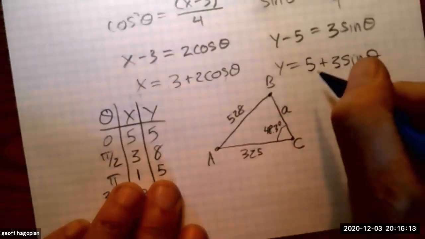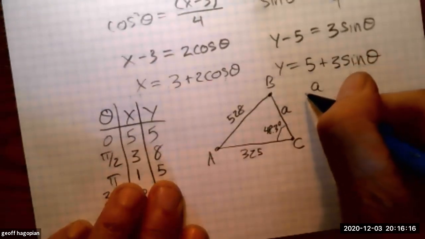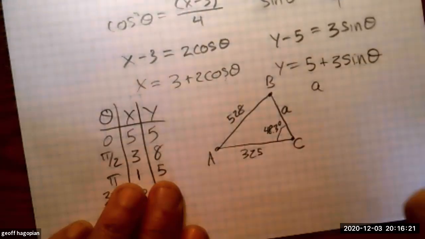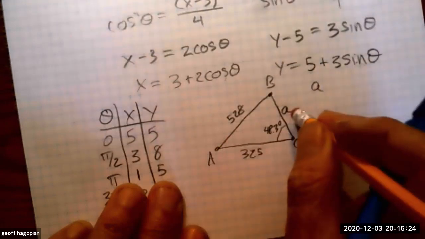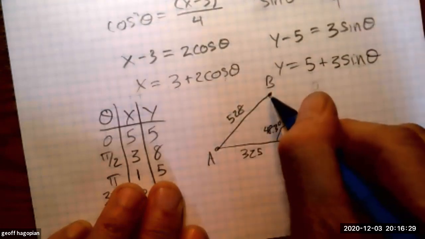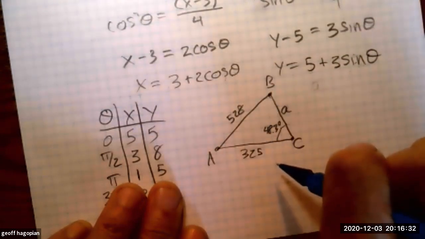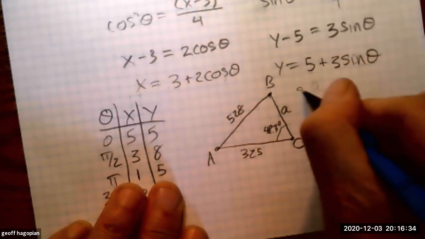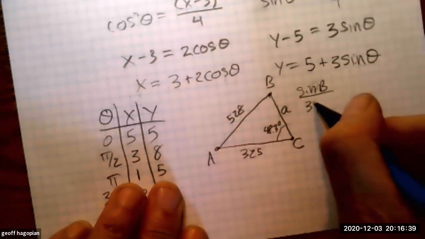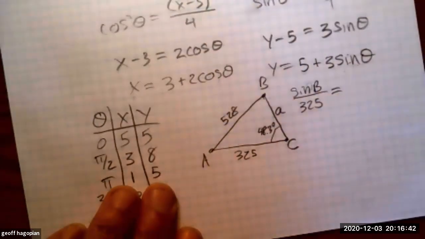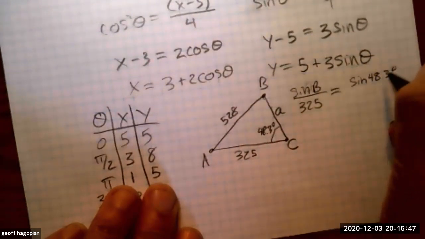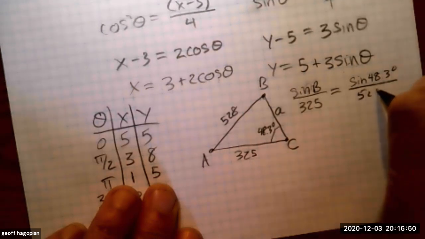So we know that A over, I guess, yeah, we don't know either the angle A or the side A. So we don't want two unknowns here, right? So we can find B though, right? So we can say sine B over B, which is 325, is equal to sine C, which is 48.3 degrees, over 528.